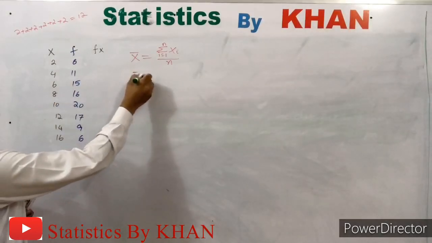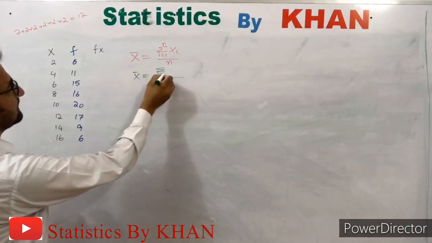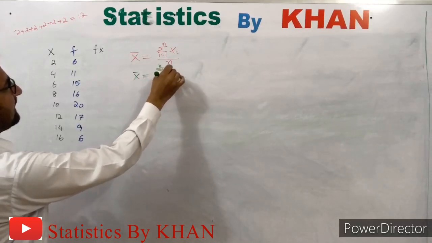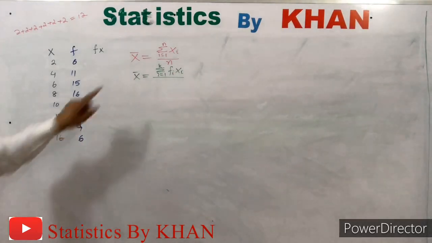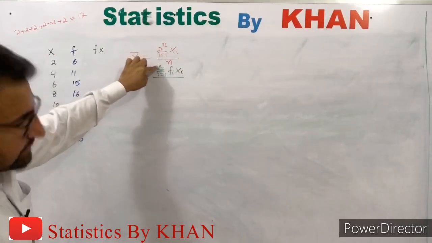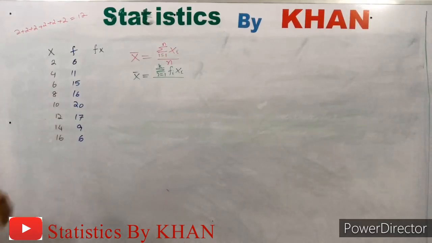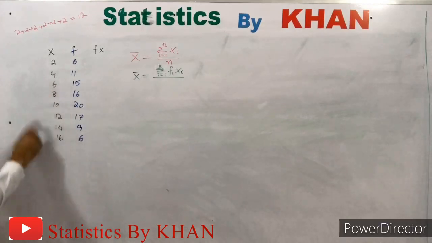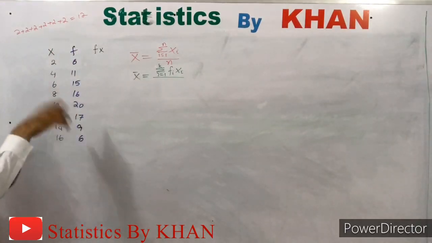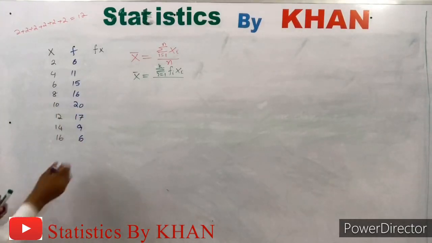In this formula, now summation xi can be replaced by summation i from 1 to k of fi xi, and instead of n we wrote k, because there are k different observations which have been repeated many times, which made n observations. Different values of the variable x are k, but these have been repeated several times, which gives the total number of observations. I think the number of observations is 100.